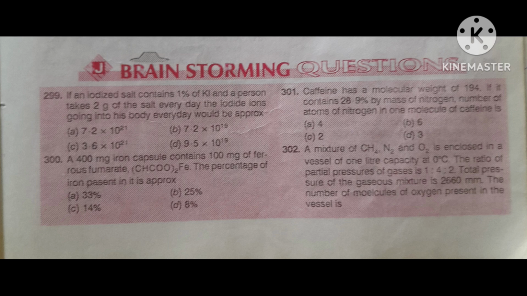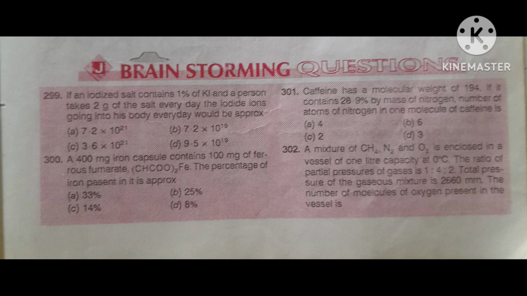Do you know the partial pressure formula? Here the partial pressure ratio is given 1:4:2. Then the pressure due to oxygen gas is 2 and total is 7. Then 2/7 into total pressure, that you know.